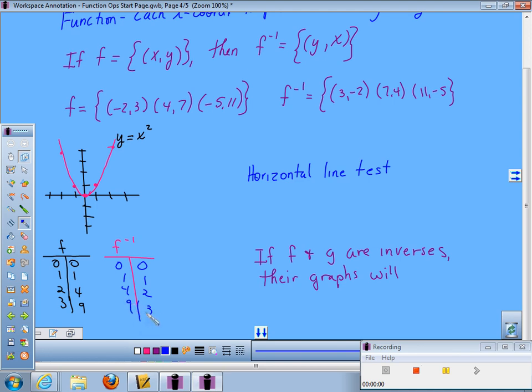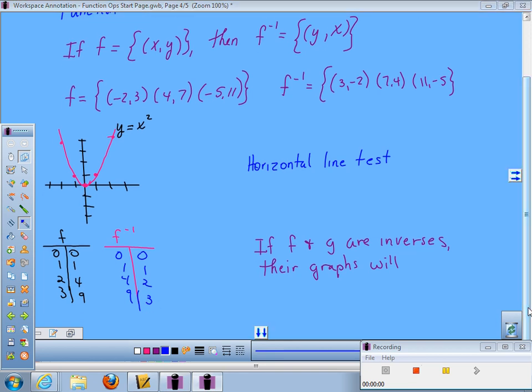Now, there would be one other little change we have to look out for. When we plotted this parabola, we automatically plotted the mirror point on the negative side. But in reality, didn't we really have the points (-1, 1) and (-2, 4)? Those would make a difference when I make my inverse, because now I would have (1, -1) and (4, -2).